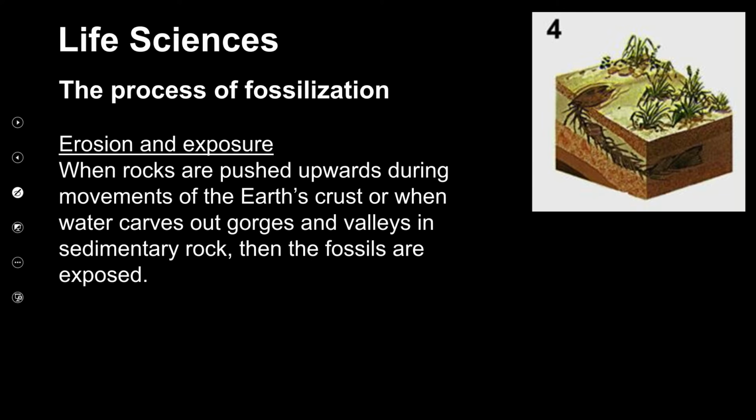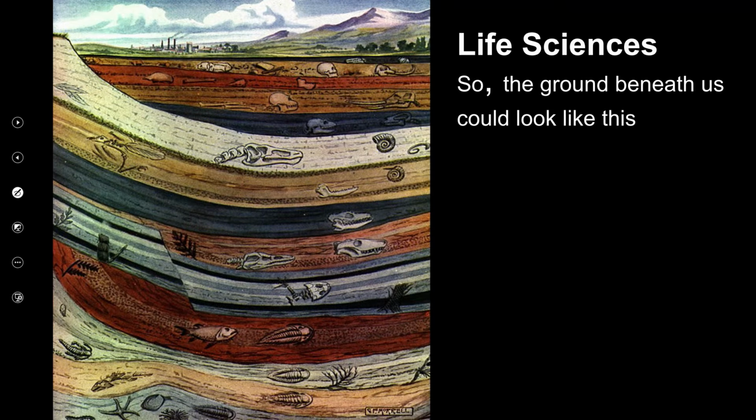Erosion occurs, rocks get pushed upwards, water carves into the rock, and we end up with the fossils being exposed. And only then do scientists actually know there is a fossil there, and they can then start examining it and seeing what we can learn from that.